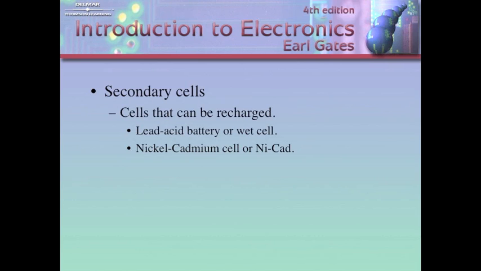Another example is the nickel-cadmium cell, or NiCad. And then now we have lithium-ion for like your cell phones or computers. These are all examples of rechargeable batteries. A lot of nickel-cadmium batteries were used in power tools for years, still are.